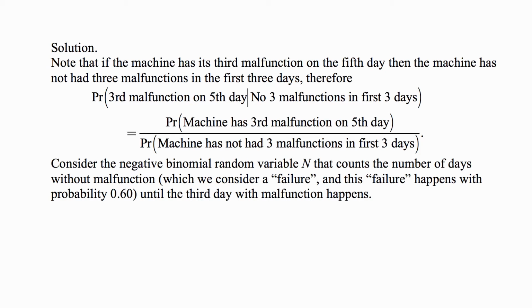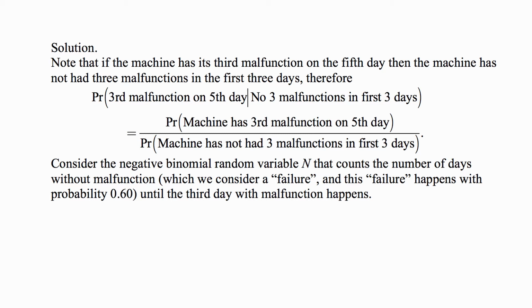Note that if the machine has its third malfunction on the fifth day, then the machine has not had three malfunctions in the first 3 days. And that means that the event that the machine has not had three malfunctions in the first 3 days is implied by the event of having the third malfunction on the fifth day.